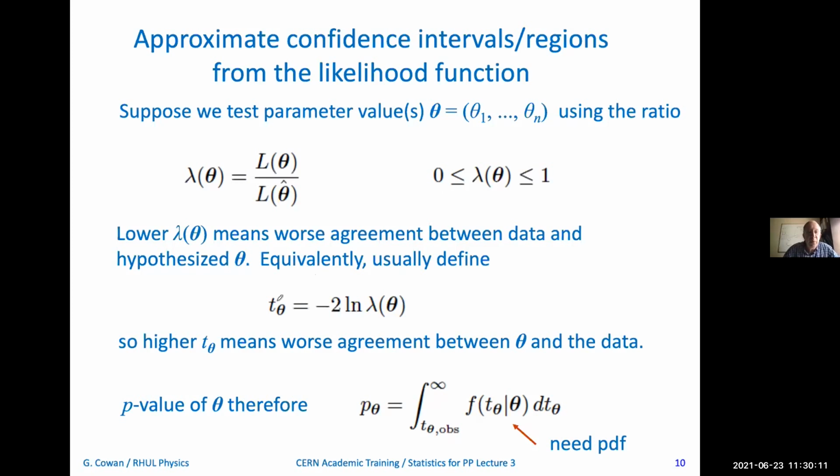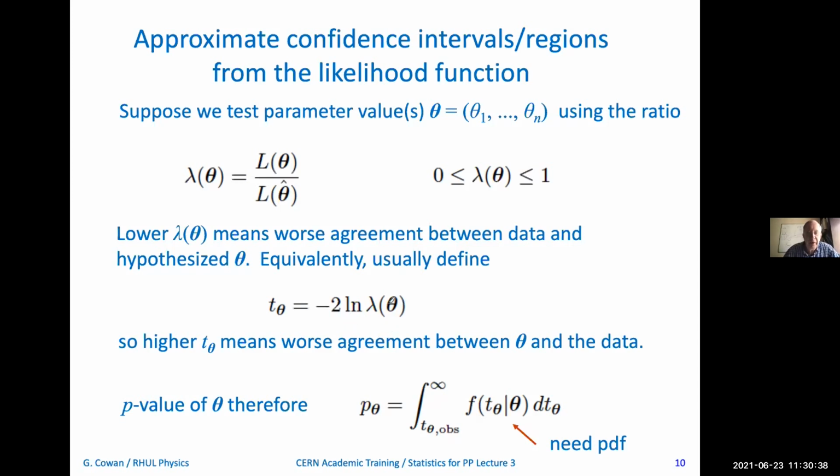Now, for conventional reasons, it's actually a little more than that, but I'm not going to work directly with lambda. Instead, I will define t(theta) as -2 times the log of that ratio lambda. So that's equivalent. The logarithm is just a monotonic function, but this flips around your intuition as to what corresponds to good and bad agreement.